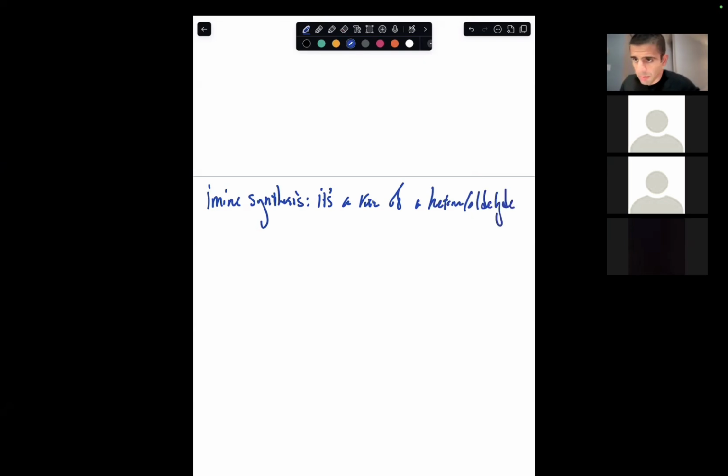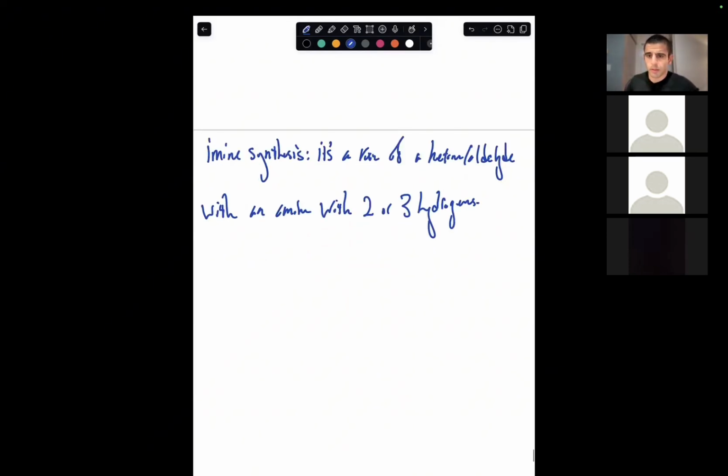Again, remember we said ketone and aldehyde doesn't make a single difference, whichever one you have, with an amine with two or three hydrogens. You're like, why would the number of hydrogens make a difference? Well, you'll find out.